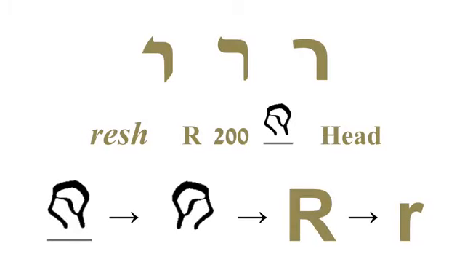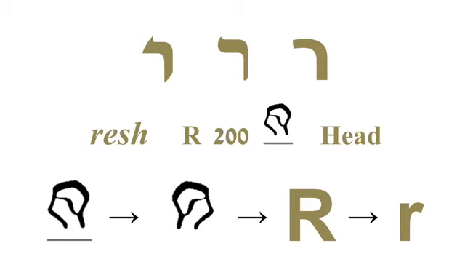A new letter we're going to learn is the Resh. This is down near the end of the alphabet, and it's the R sound. You realize Hebrew reads right to left. We read left to right. You can see the Resh.